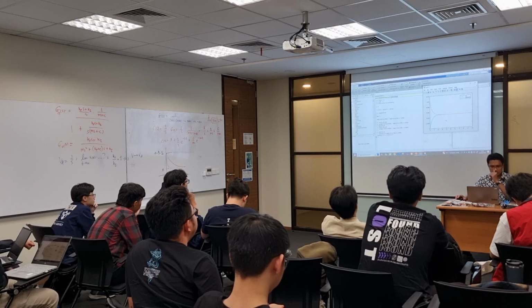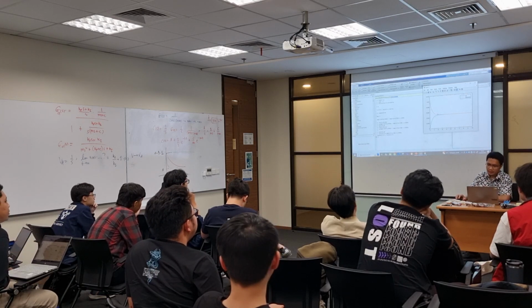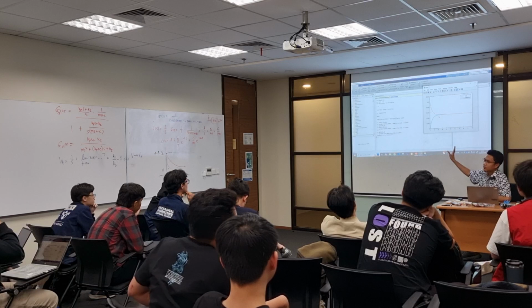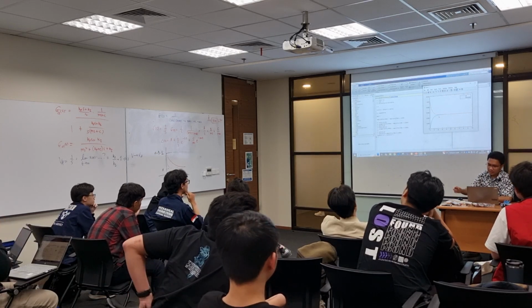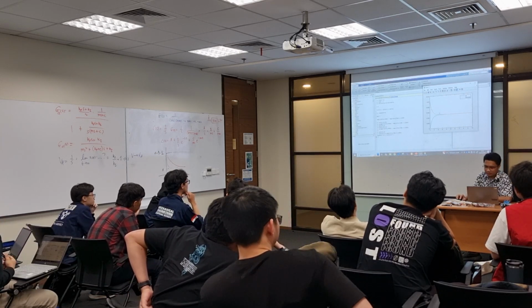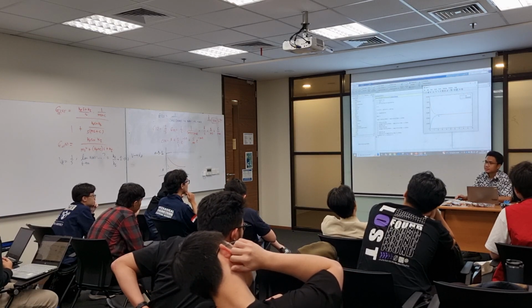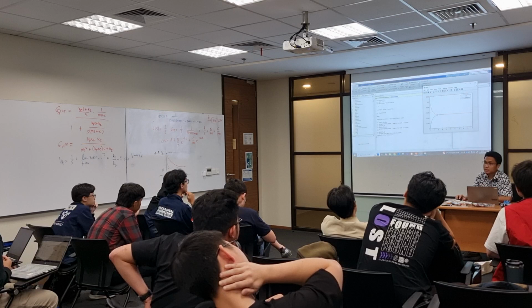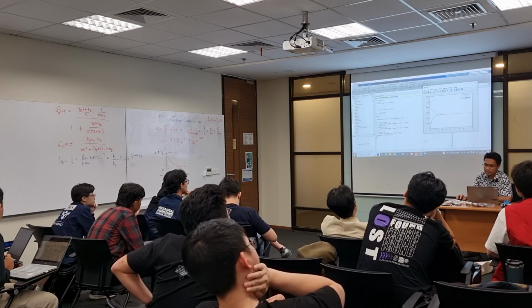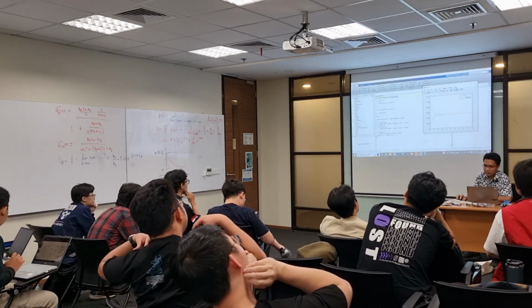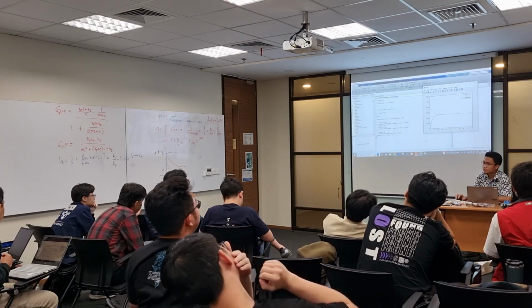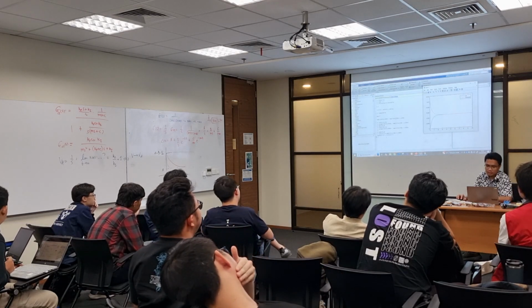Okay, so you see, I haven't found the correct representation yet. However, you see the speed of the response is not that much different. The speed of how it gets to the final value is not much of a difference.